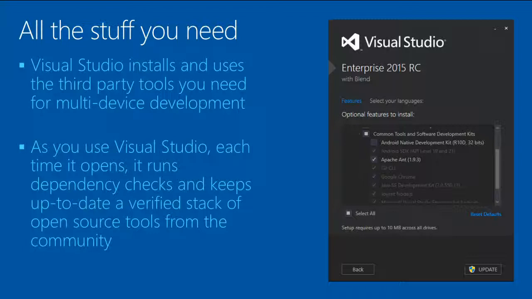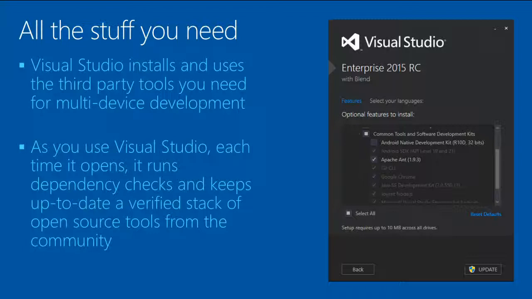The screenshot that I have here shows 7 or 8 different dependencies being installed. We've got the Android NDK, the Android SDK, Apache Ant, Git CLI, Google Chrome, Java, Node. That's only about half of the list of actual dependencies that you have to install and configure to make Cordova possible. This is because you're building for multiple platforms.